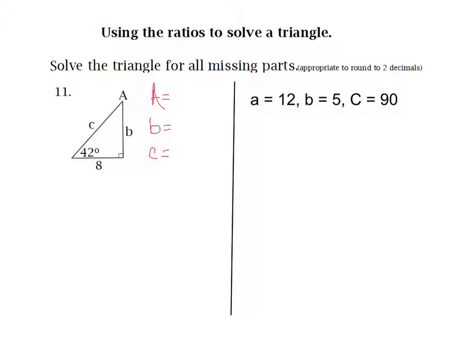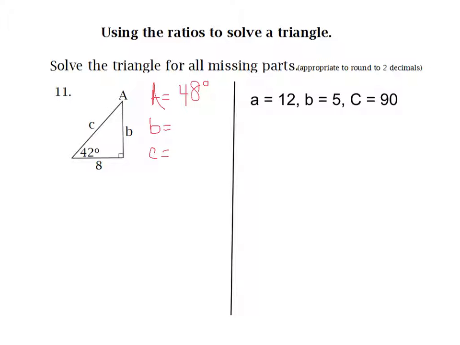The first thing I would look for is angle A. Because I know from geometry that the angles have to add up to 180, I can easily subtract from 180 to find that missing angle measurement. And I end up with angle A having to be 48 degrees.